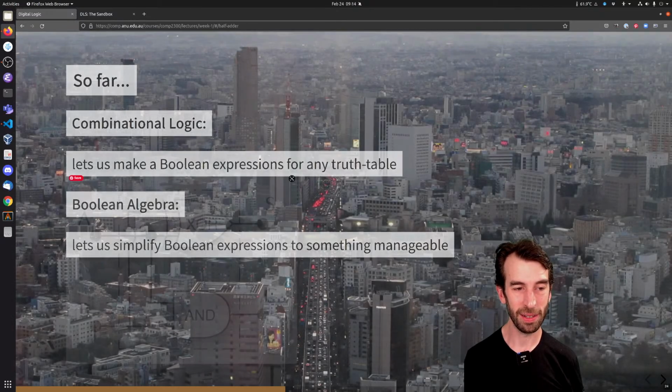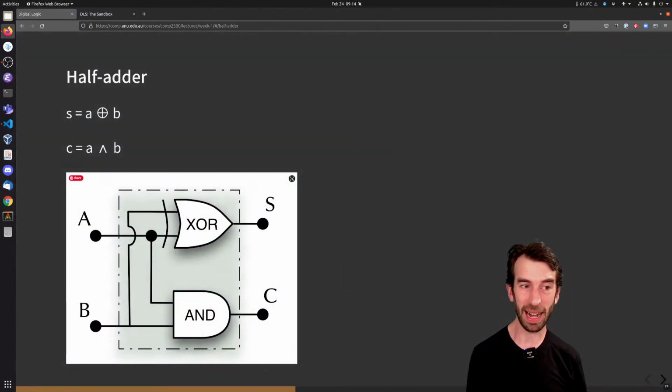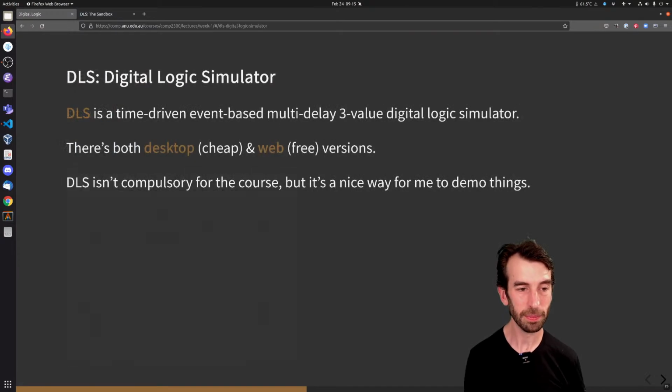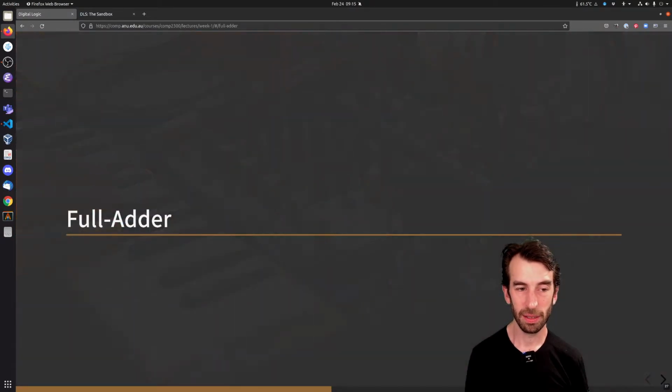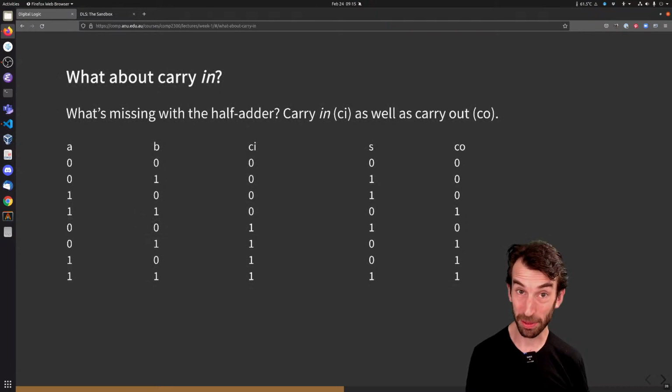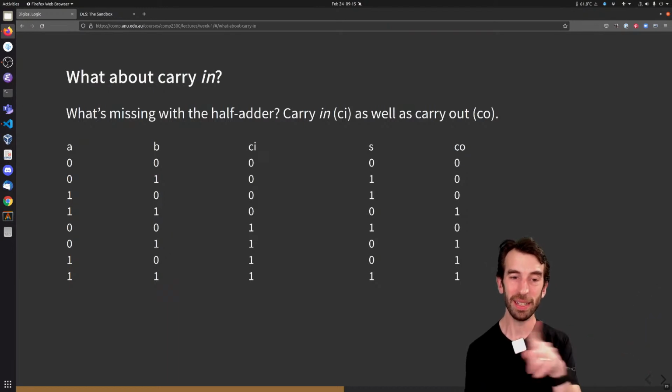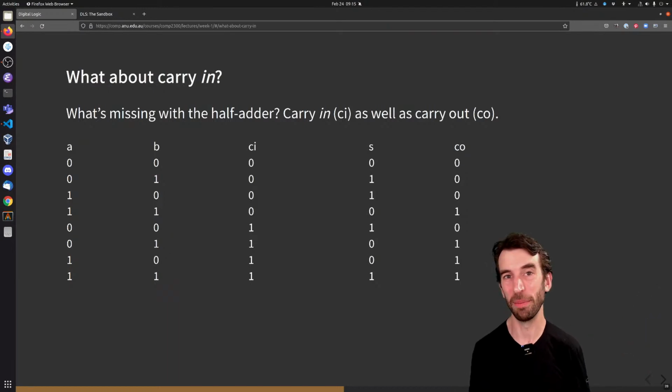And then we could put that together to make a half adder, which can add 2 bits together. It can give us an answer, their sum, and it can also give us the carry column for the next row. Then we realized that we needed more than just carrying the number to the next column. We needed a way to import the number from the previous column when we're doing our additions.